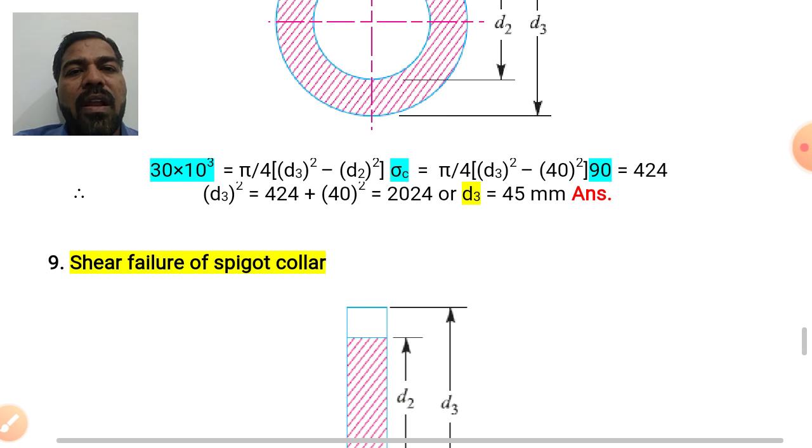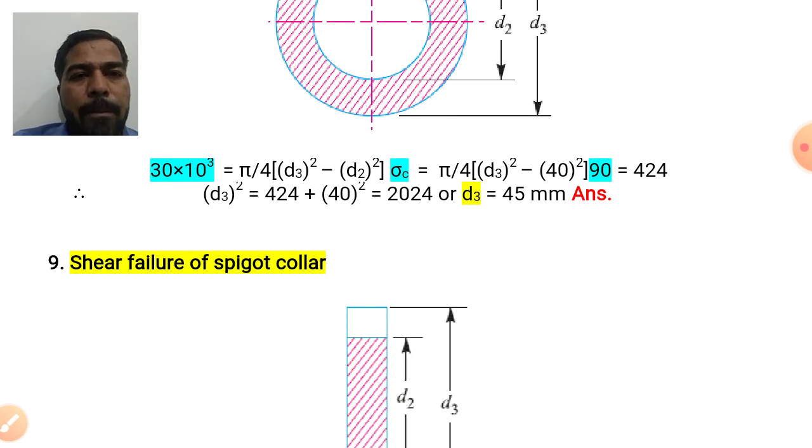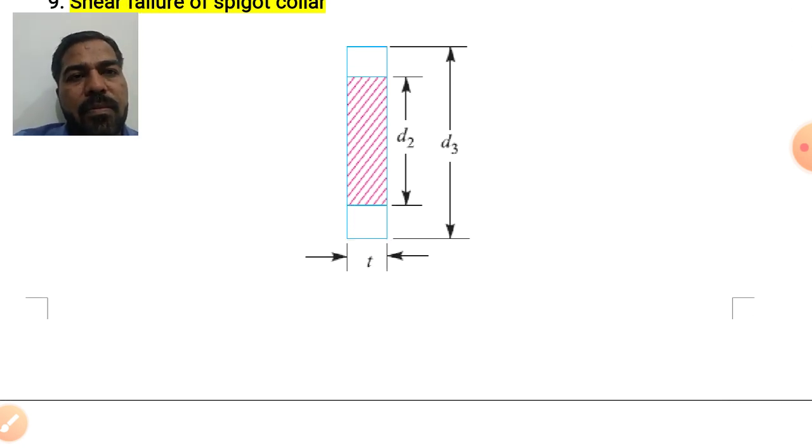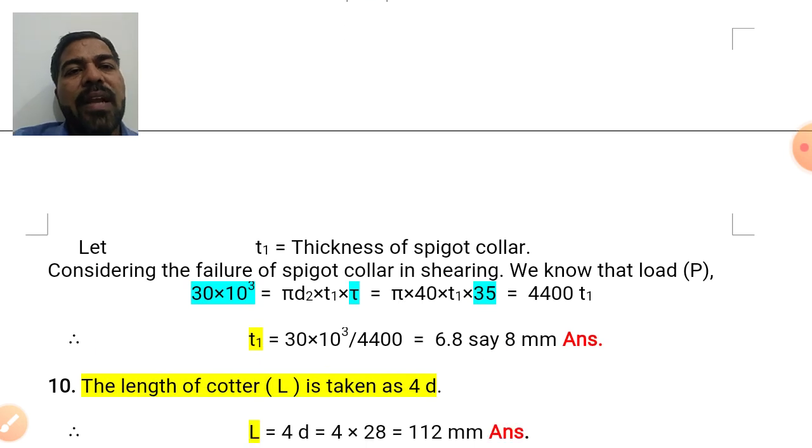And now shear failure of spigot collar. Let us assume t1 is the thickness of the spigot collar. Consider the failure of spigot collar in shear. We know that the load P is equal to 30 into 10 the power 3 is equal to pi into d2 into t1 into tau.